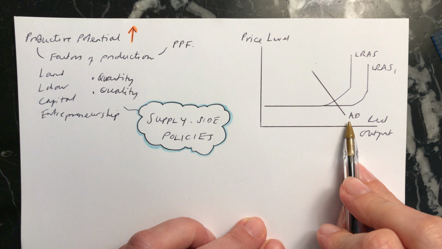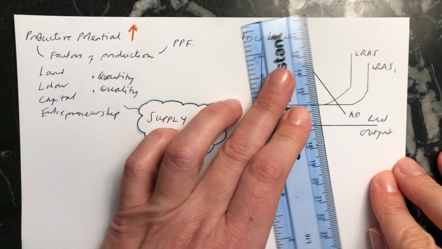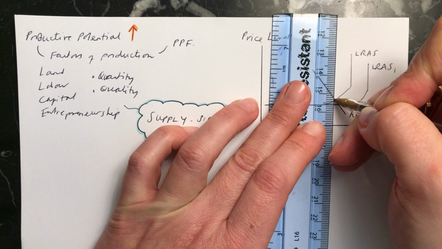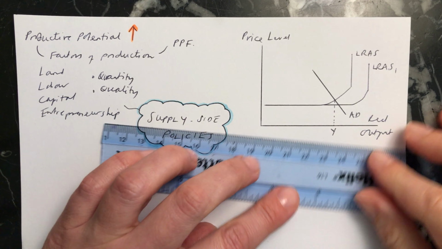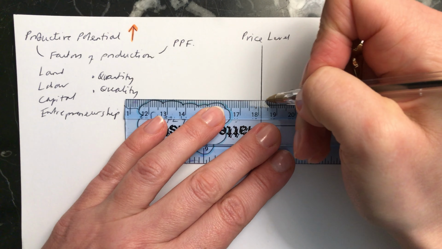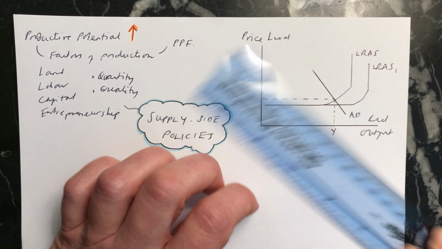So you've got this much demand. Before, you were producing here, and it meant that your real output was this much at Y, and this was your price level.